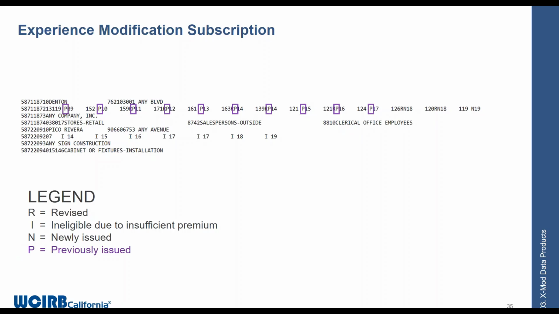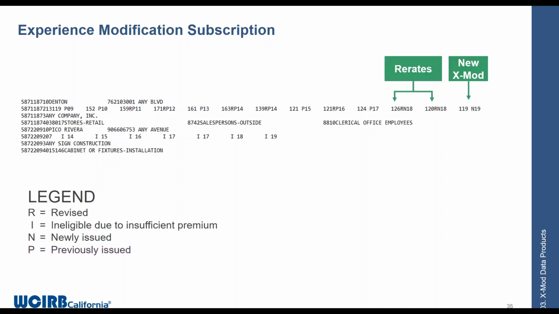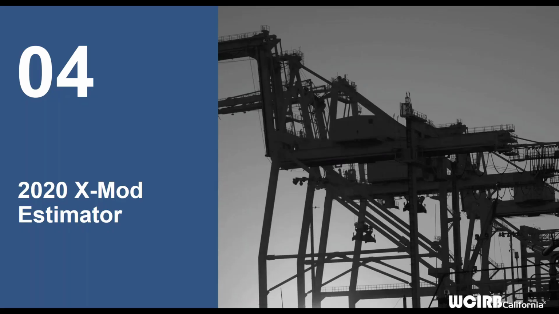That's pretty cool. So again, like I talked about, these 2 re-rates and this new experience modification for this one policyholder was why this was reflected in this weekly subscription.